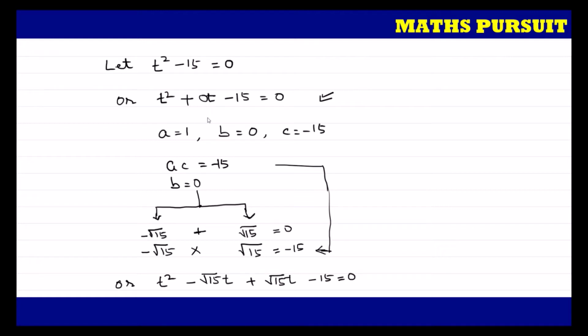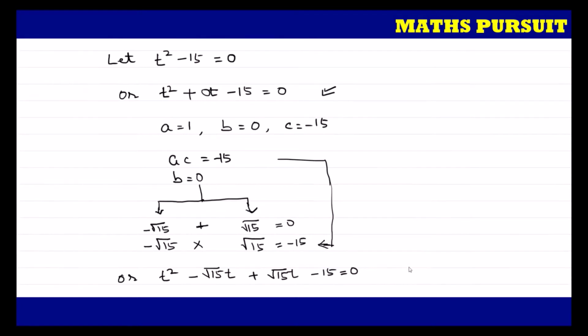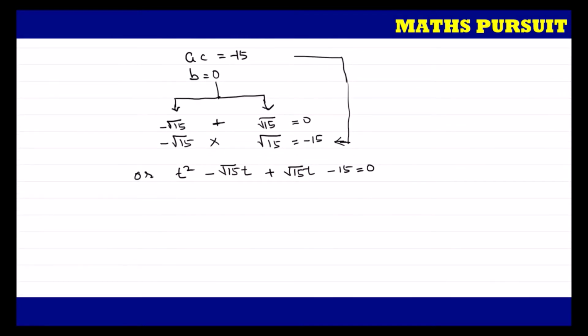Just check, if we write it this way, will it be wrong? No. The equation will still be correct, because minus root 15t plus root 15t is 0, and if I multiply minus root 15 into plus root 15, I will still get minus 15. It satisfies all our conditions.